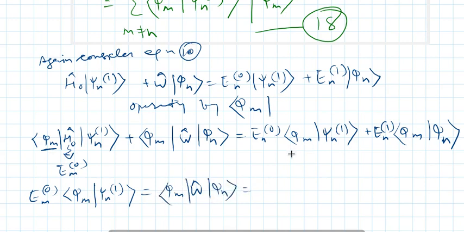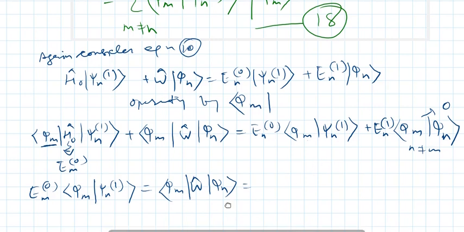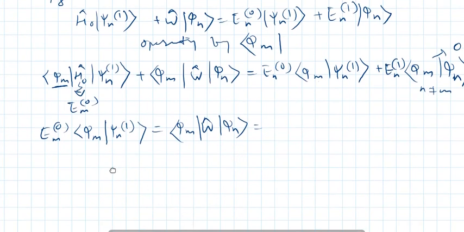Okay, n is not equal to m, and this makes it 0, and this is also 0. No, this is not 0. Yeah, so let me do one thing. Let me club all these terms. This is okay.